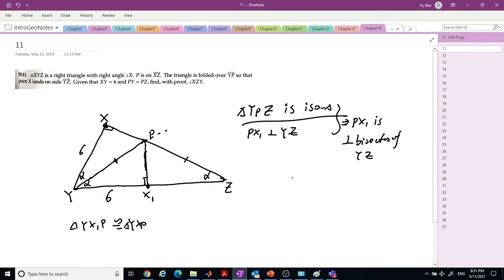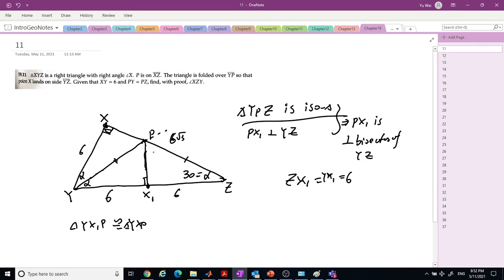Then we know zx1 equals yx1, which equals 6. This is a right triangle, so this one is 30 degrees. This is 6, 12, and 6 square root of 3.